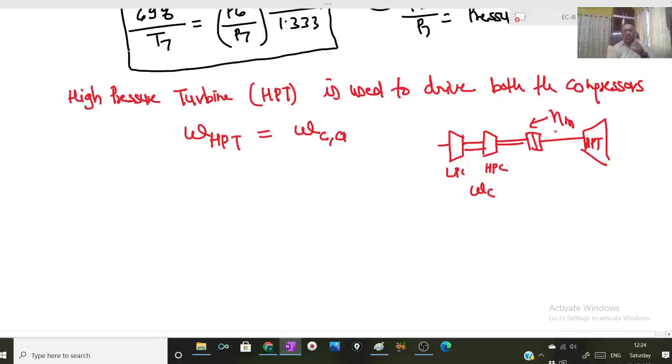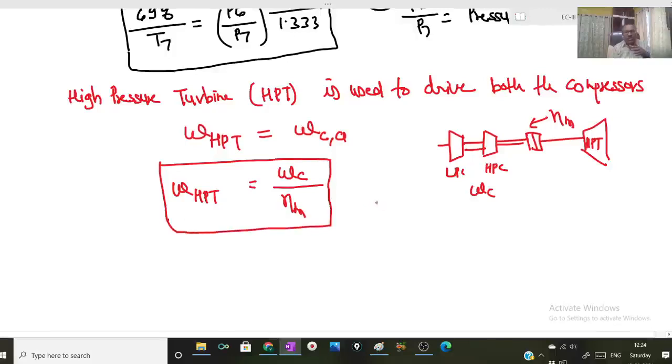Okay, but considering the mechanical efficiency, the turbine has to supply more work than that required by the compressor. So actual compressor work input will be ideal work input to the compressor divided by mechanical efficiency. So this way we have to deal with the mechanical efficiency here. So please mind well how to deal with the mechanical efficiency in this case.